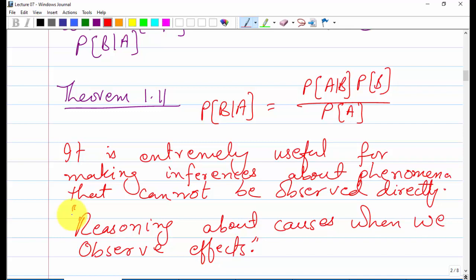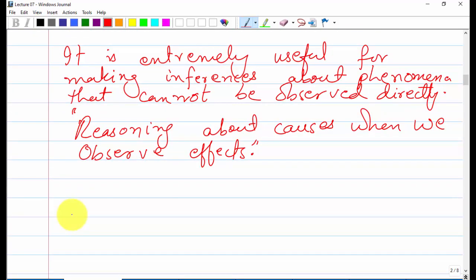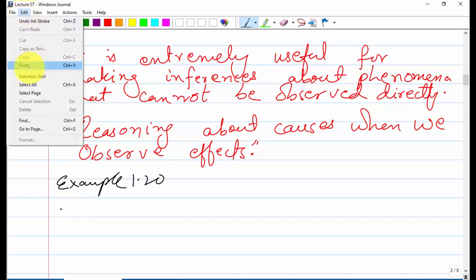So to understand it, let's solve a very basic problem. It's example 1.20. I will copy and paste it from the book.